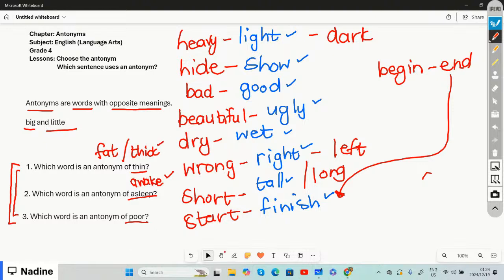All right, and the last one says, which word is the antonym of poor? If you are not poor, then you are what?